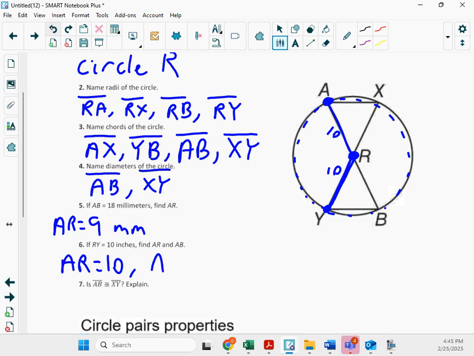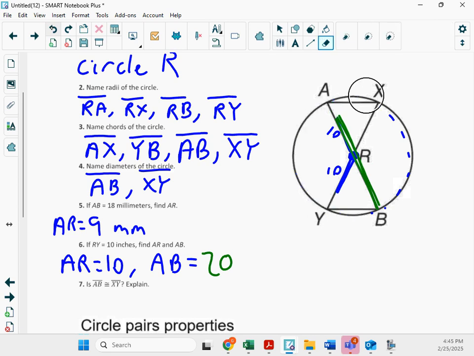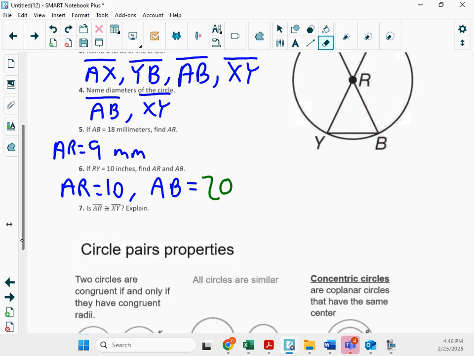And then AB is now a diameter, which is double the radius. Then the next question, is AB congruent to XY? And the answer is yes, because in a circle, all diameters are equal.